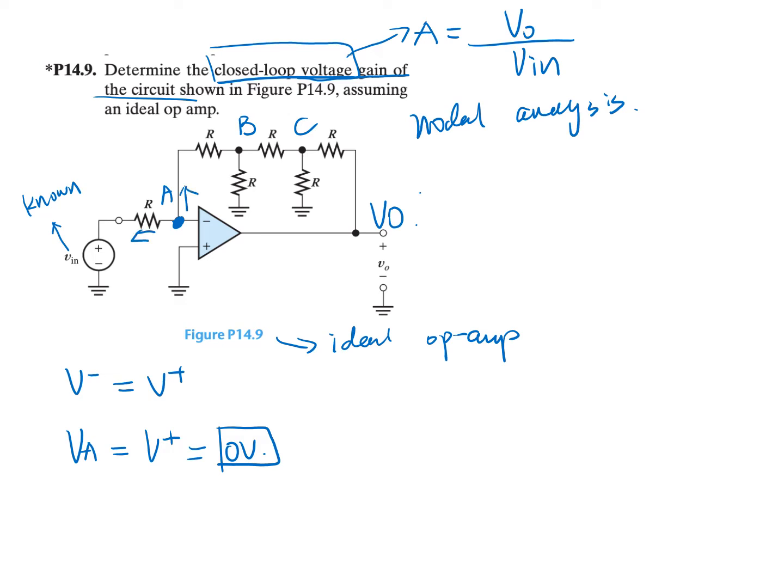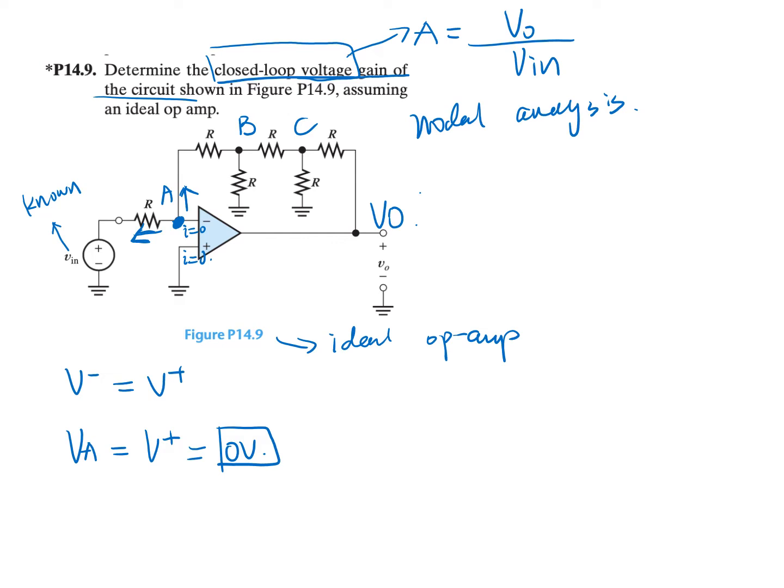Assume all the currents leave the node. Because no current enters the op-amp, the current here is equal to 0, and the current here is equal to 0. We only have 2 currents at this node, and we assume all the currents leave this node.